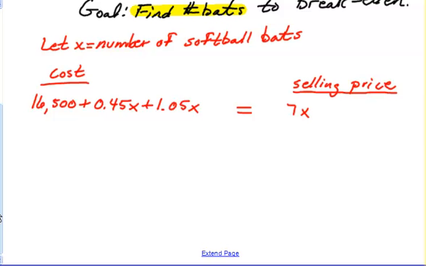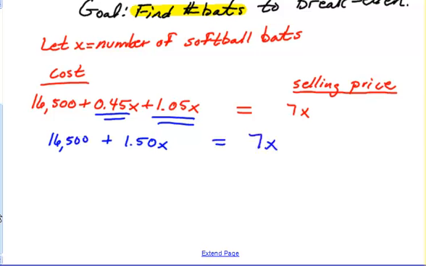Combine like terms. Sure, let's clean up each side first. What do I get here? Okay, 1.5 or 150, either one you want to write. Now that I want my x's on the same side, right?